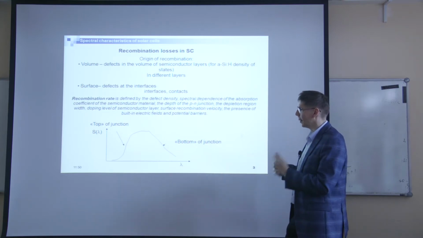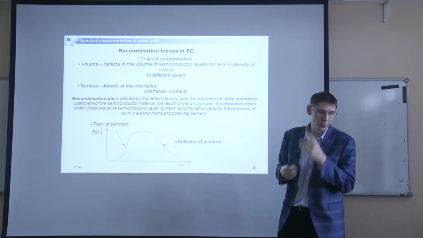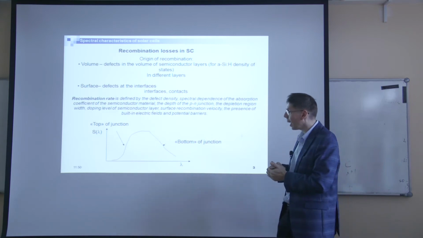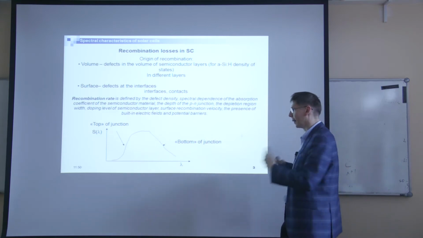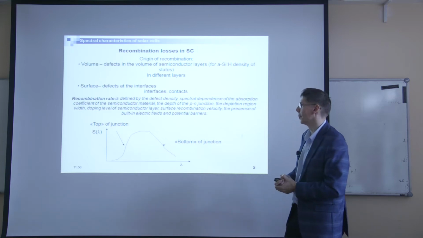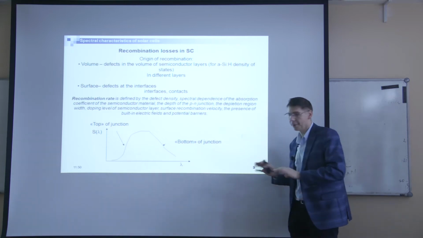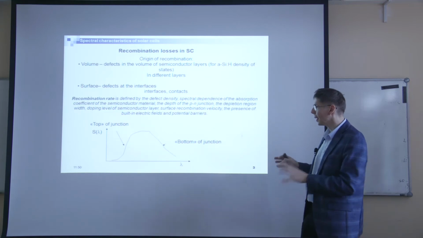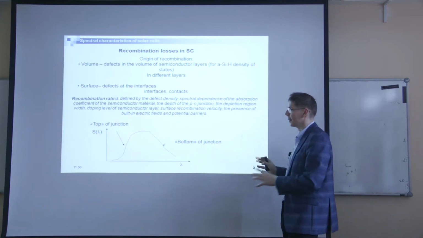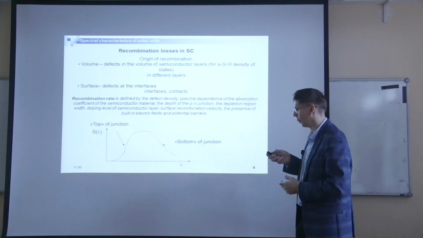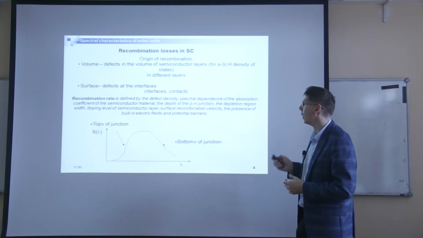Then it's a question of how to analyze the exact origin of these losses, but in general you can at least select the area of the recombination losses.